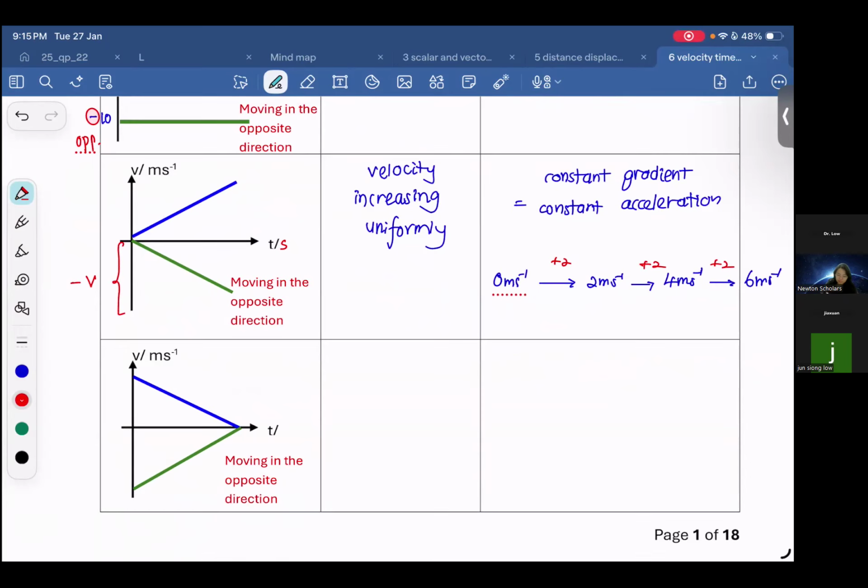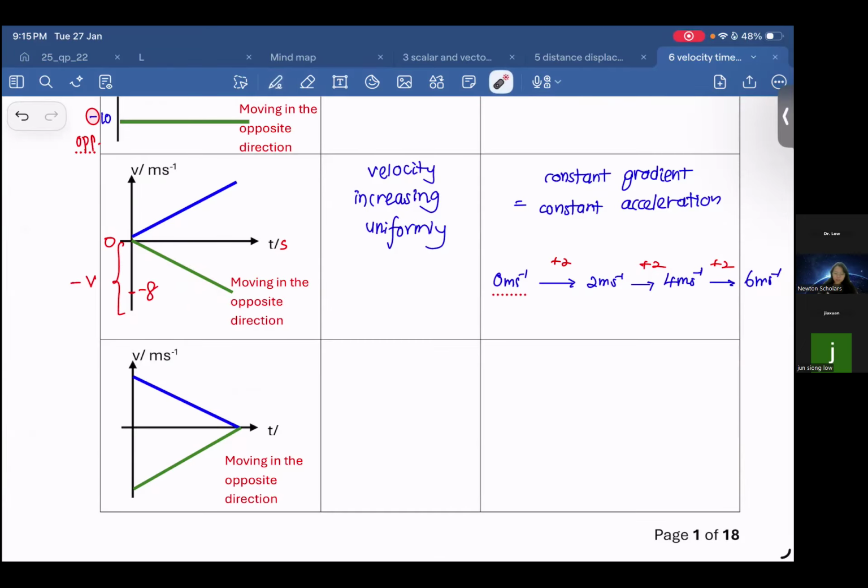Don't tell me that the velocity decreases. Velocity doesn't decrease. I start here at 0, so it is increasing to maybe here negative 8. So from 0 to 8 it is actually increasing. Velocity is increasing. The negative is just showing you the opposite direction only.